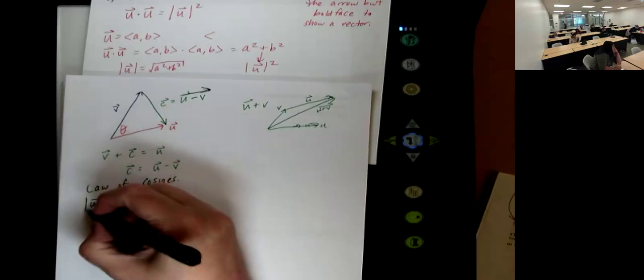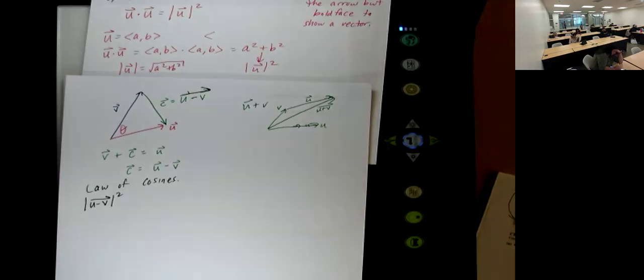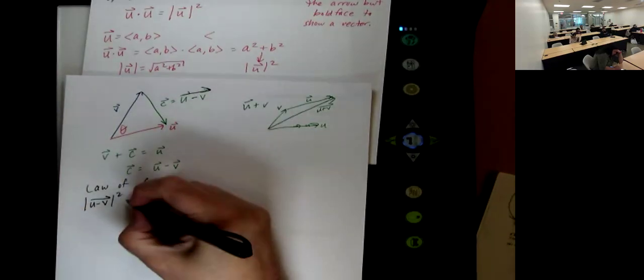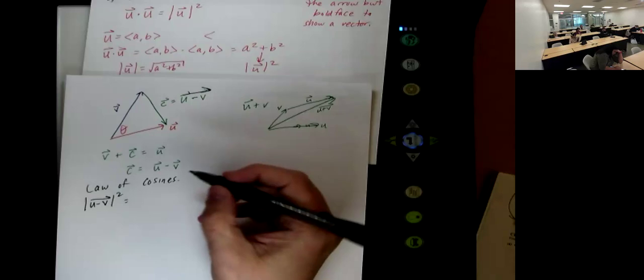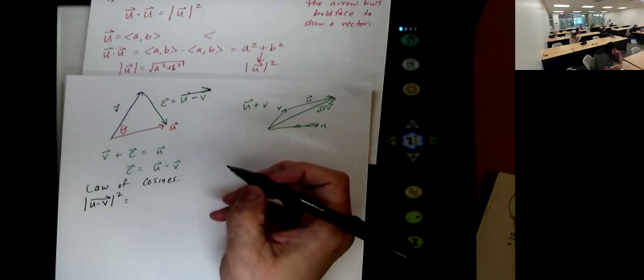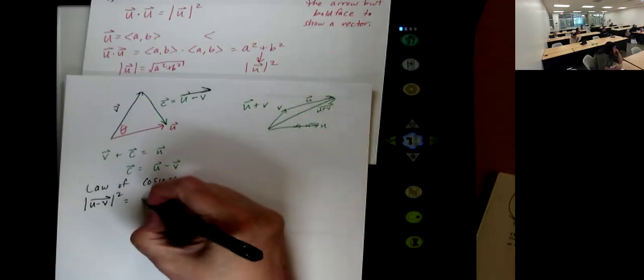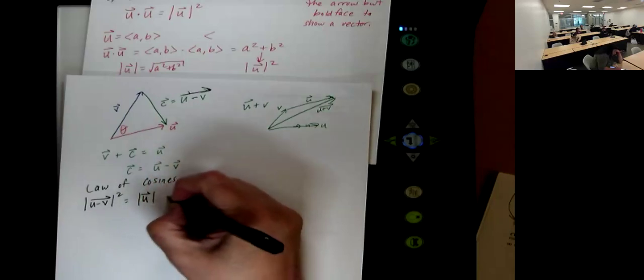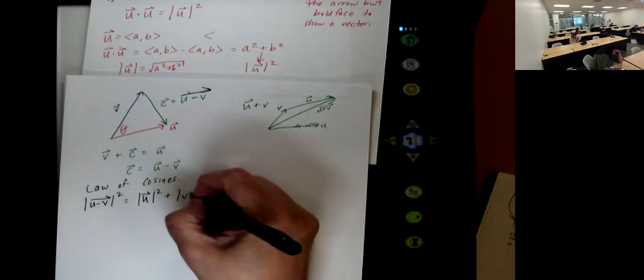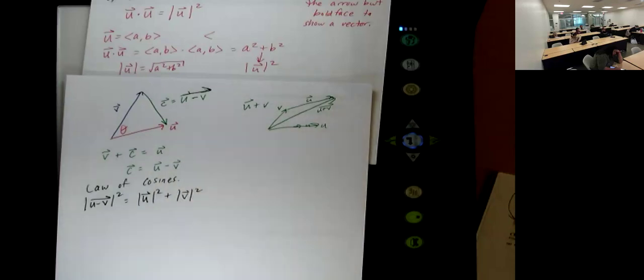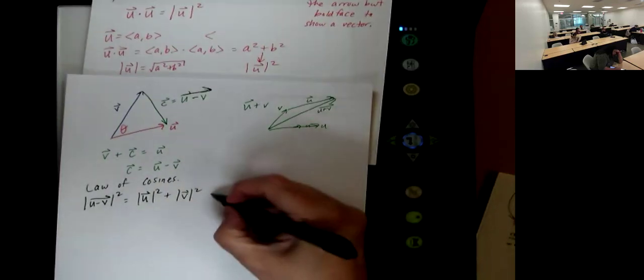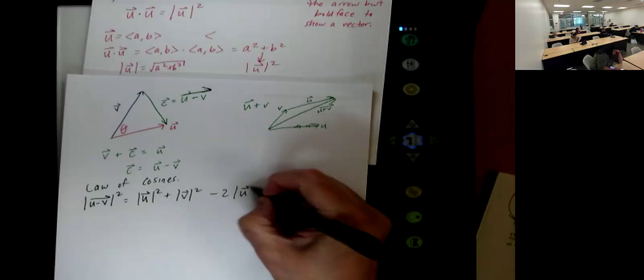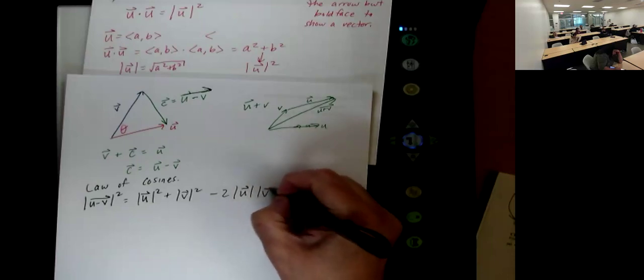Law of cosines in this form, we're doing the magnitude squared, equals the magnitude of U squared plus the magnitude of V squared, minus 2 times the magnitude of U times the magnitude of V cosine theta.